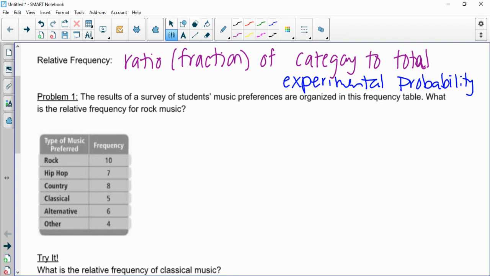So we're going to look down here at this example. It says the results of a survey of music preferences are in this table. I said people do this when they're doing surveys. This table is called the frequency table. It asks, what is the relative frequency of rock music?